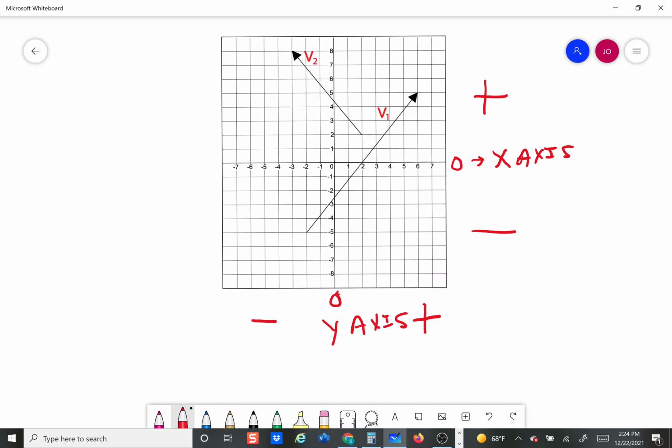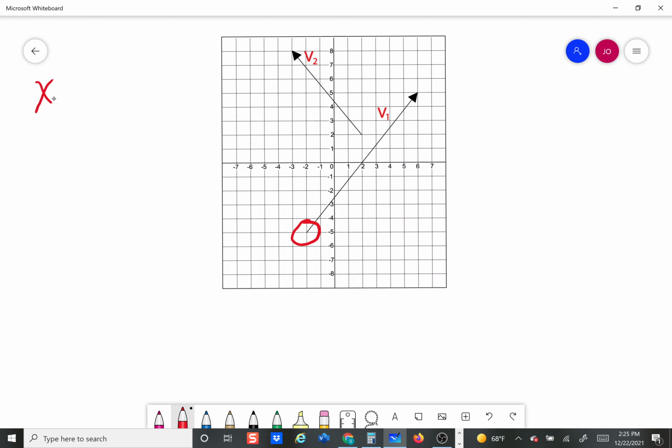So there are a few different ways they can ask these questions for our vectors. For one, in this case, we have an initial point. Our initial point is, at what point does this start? And it starts right here at that location, vector 1. So for vector 1's position, or initial point, we have to do this in what's called XY format. The X is going to be the first value, and the Y is going to be the second value.